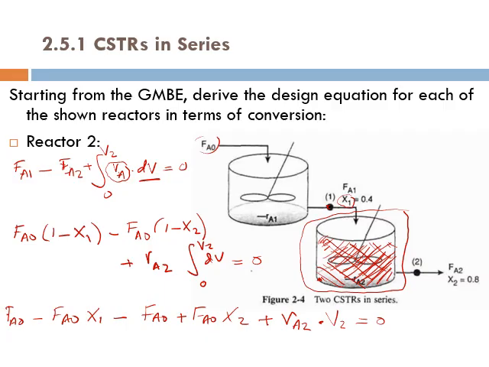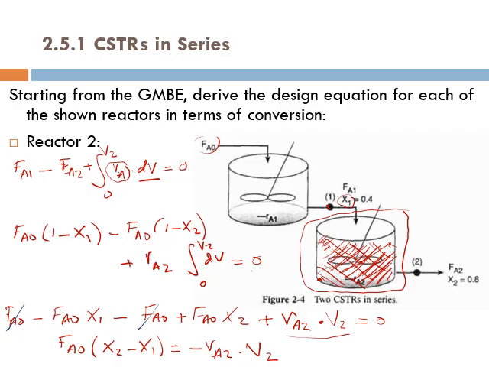Let's see what cancels out here. Okay, so let's cancel out the FA0 here with the FA0 there, and let's take FA0 as a common factor. If we take FA0 as a common factor, we'll end up with x2 minus x1, and then we can take this term to the other side, so we'll have minus RA2 multiplied by V2.